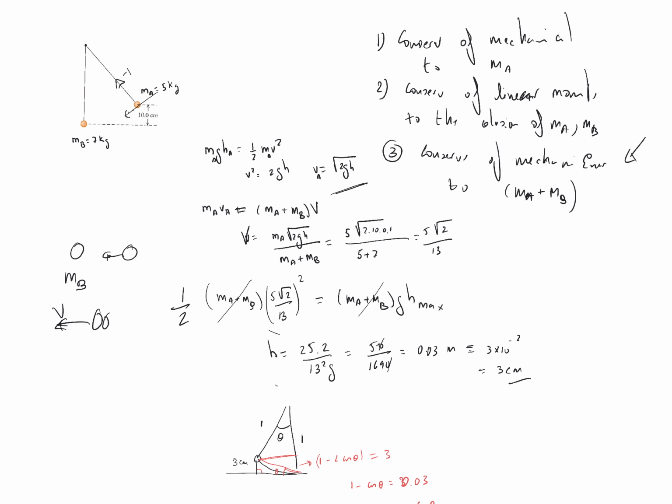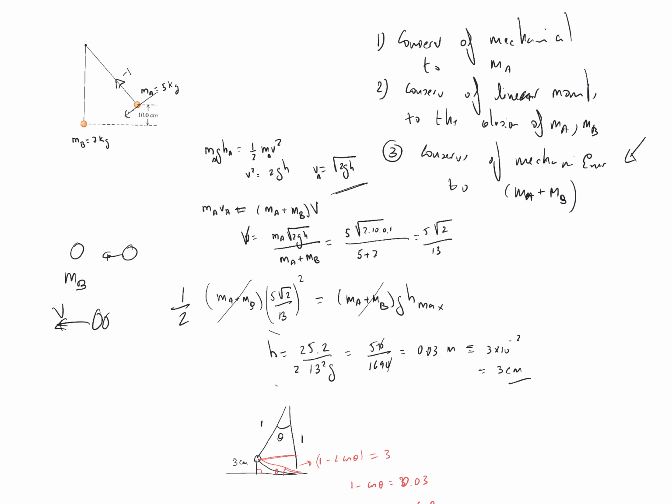This h is different from this initial h, the h maximum. So if you plug in numbers now, you have everything, and it will be this. Here there is a 1/2, right?